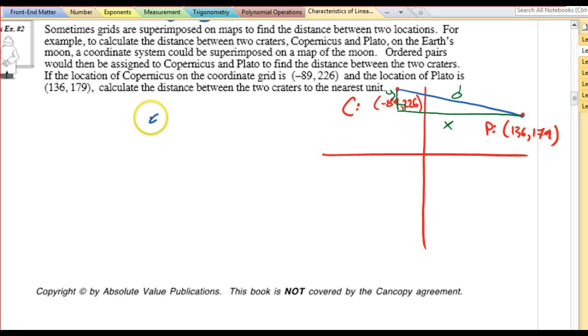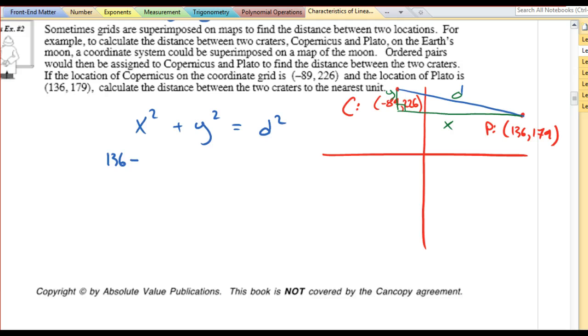So let's get right into it. a squared plus b, let me change that up and use x and y to keep it consistent. So x squared plus y squared equals the distance squared. So the x distance is 136 minus, and you know what?